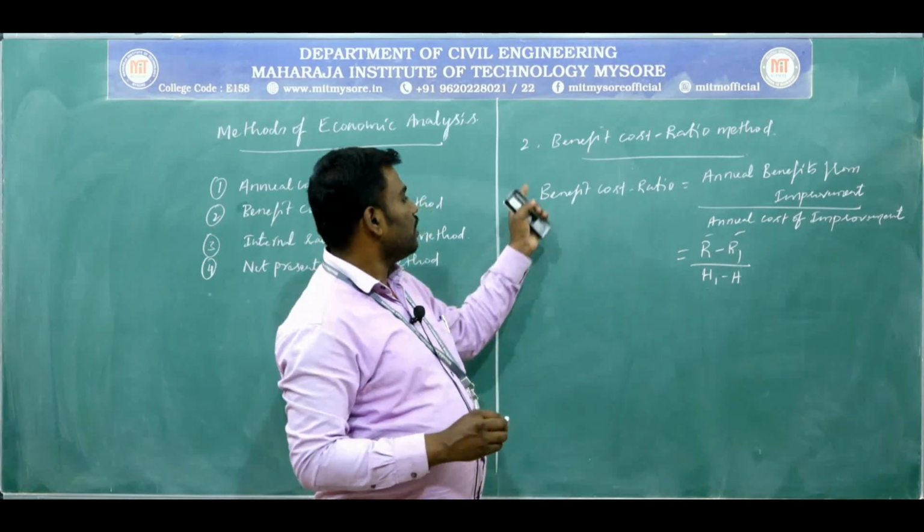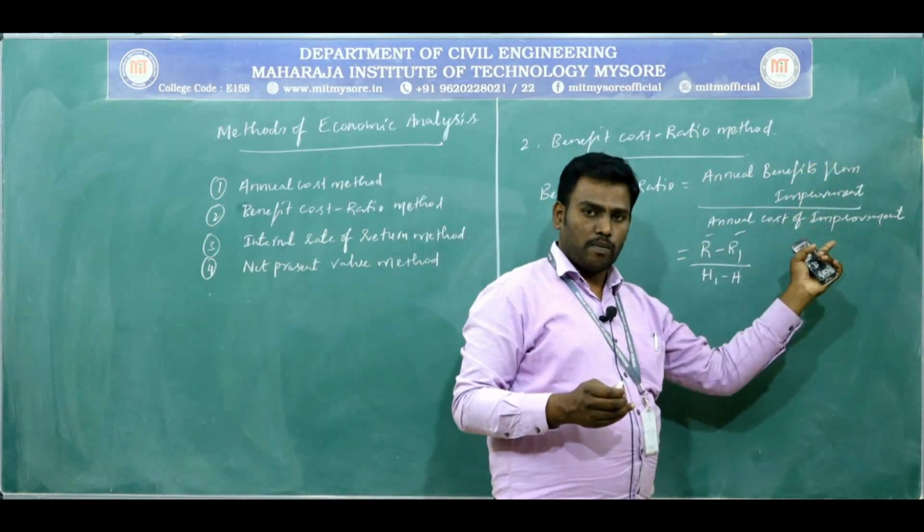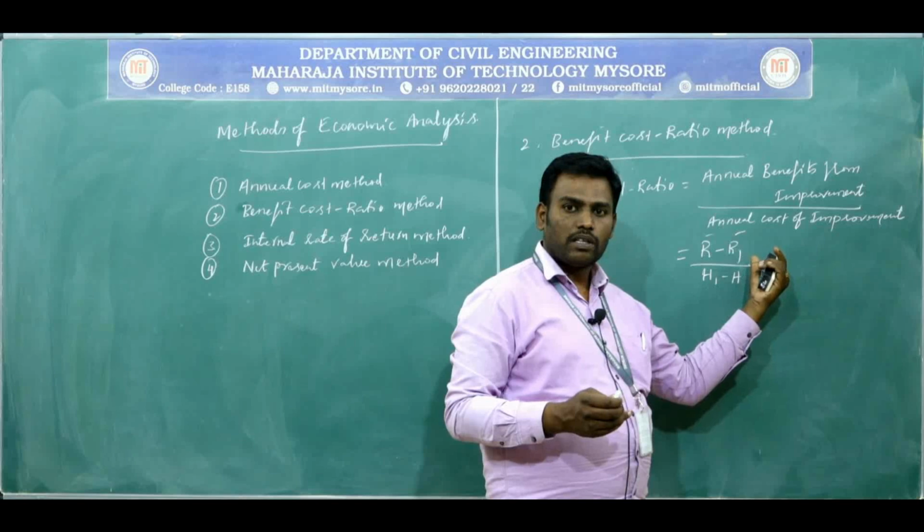Is it clear? Means the benefit cost ratio is the ratio of annual benefits from the improvement divided by what?